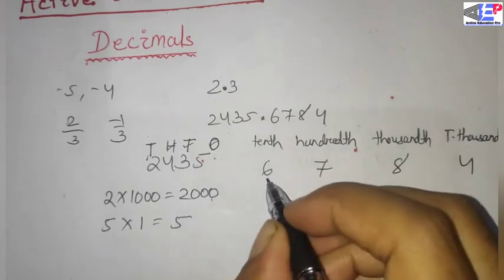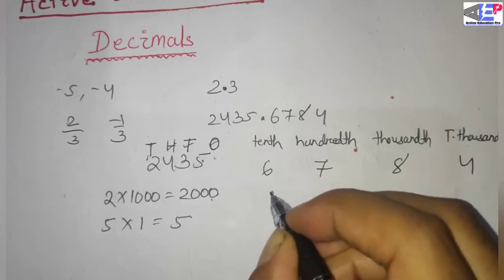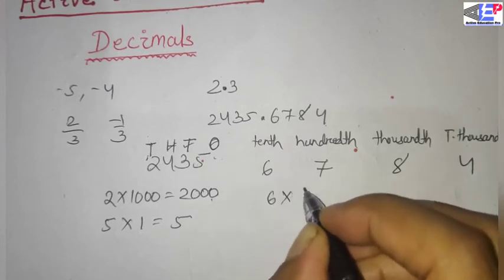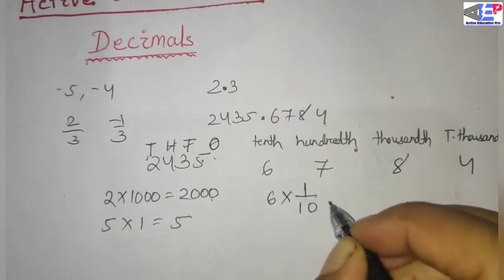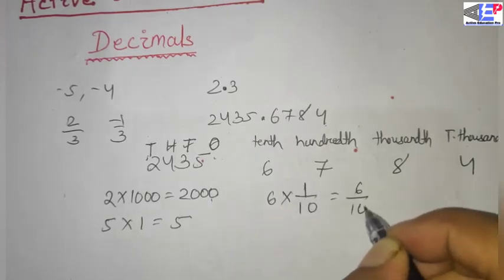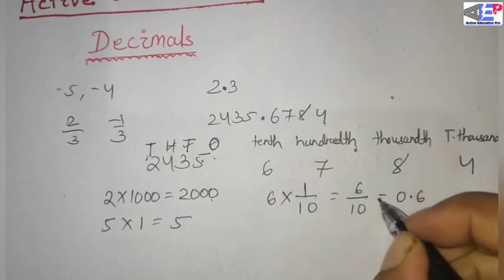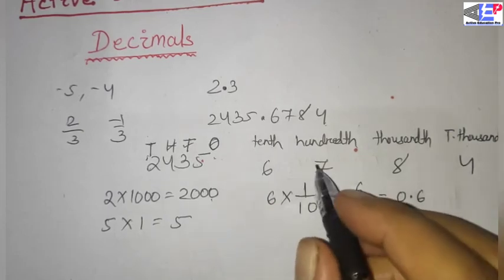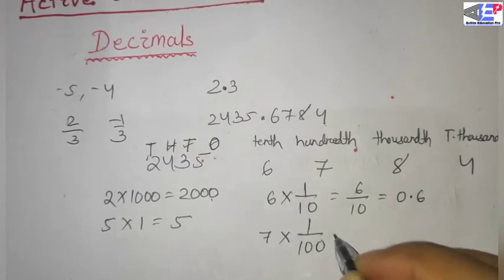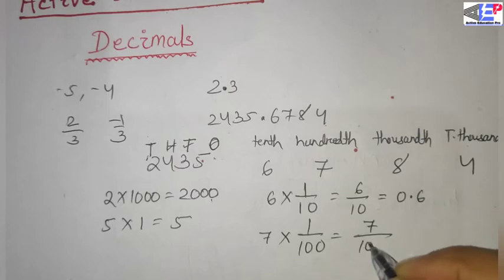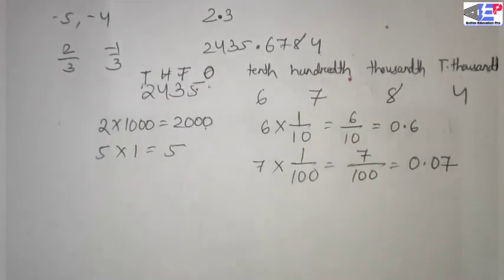If you want to write the place value of 6, this is 6 into 1 by 10, a fractional part, so it is 6 by 10, which is equal to 0.6. Similarly, 7 into 1 by 100 is 7 by 100, which is equal to 0.07.